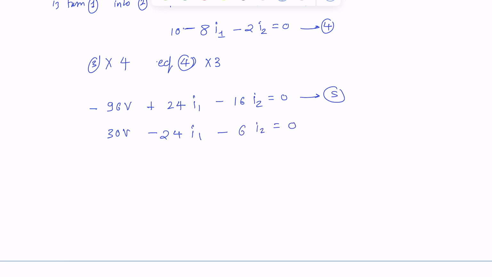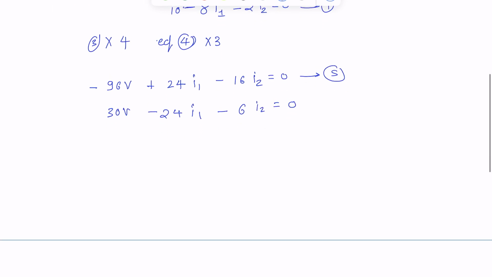It's very clear what I'm doing here. I'm going to add these two equations to get rid of the I1 term. Then I can solve for I2, and I2 will be minus 3.0 ampere. That's your first answer.